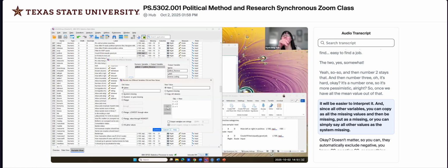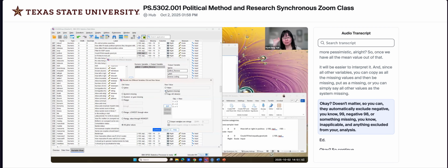And for all other variables, you can copy all the missing values and put them as missing, or you can simply say all other values are system missing. It doesn't matter. They automatically exclude negative 99, negative 98, or anything missing or inapplicable from your analysis. So continue.